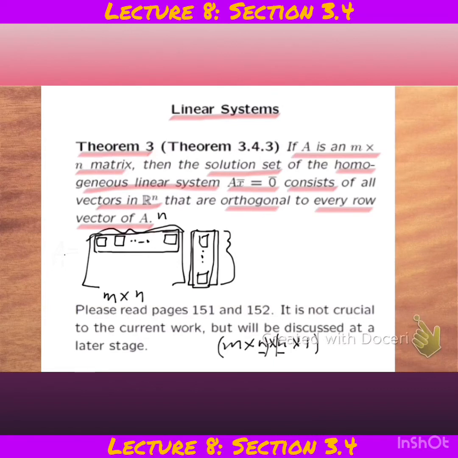Let's make those blocks red so you can see, and just for argument's sake, let's make those blocks yellow. Then if you multiply that row with that column, you're going to get these blocks.